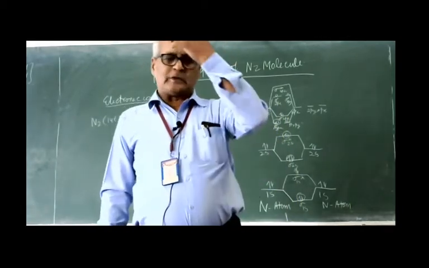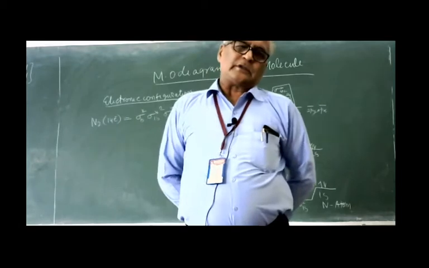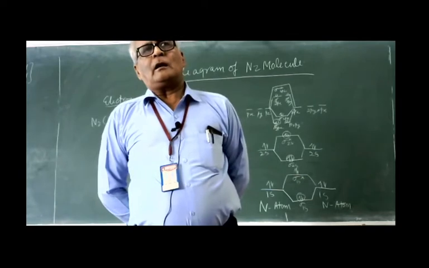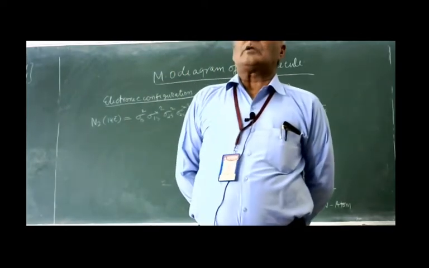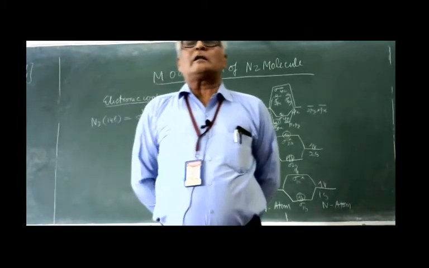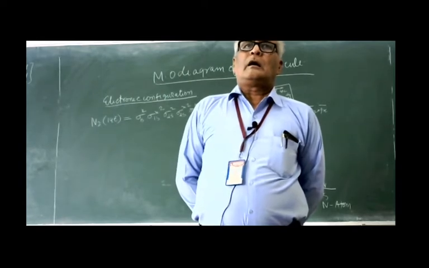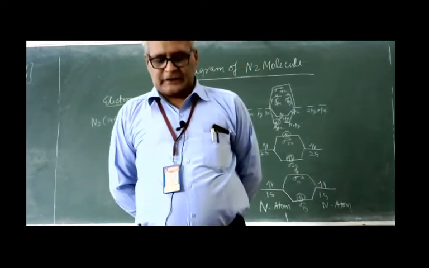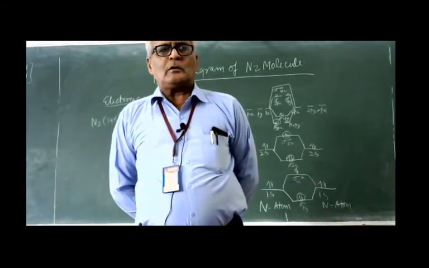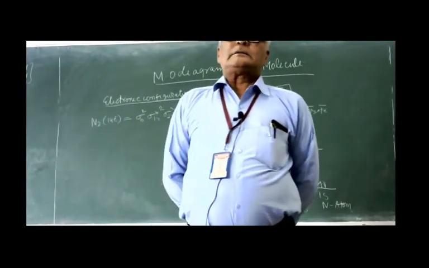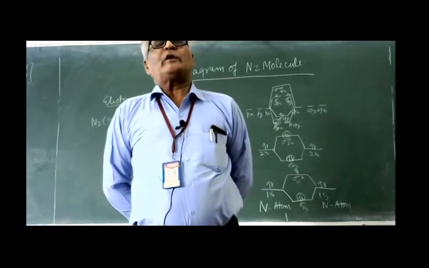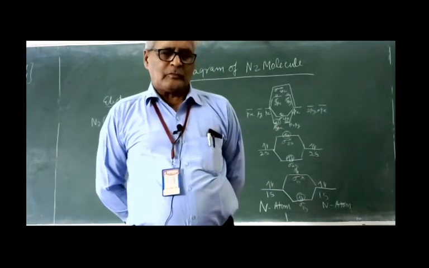Yesterday we talked about the molecular orbital theory and the order of molecular orbitals in increasing order of their energy. So we explained that sigma 1s has the lowest energy among all molecular orbitals.